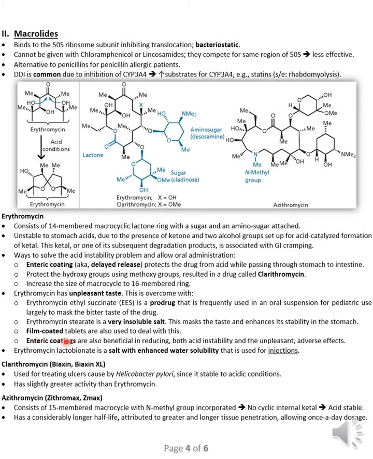In this case, the enteric coated can also be used to mask the unpleasant taste. Finally, to enhance the water solubility of the erythromycin for injections, there's a dosage form called erythromycin lactobionate, which would make the erythromycin more soluble.